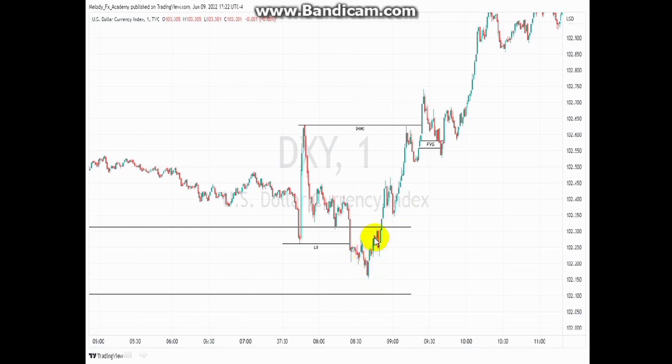In other words, if I had gone long here and price retraced higher, and happened to react off this fair value gap after taking out the internal range liquidity, I would have probably been stopped out. So the benefit of not waiting for the shift in market structure on your middle time frame, which is your intraday chart, is that you will get in on the move early.